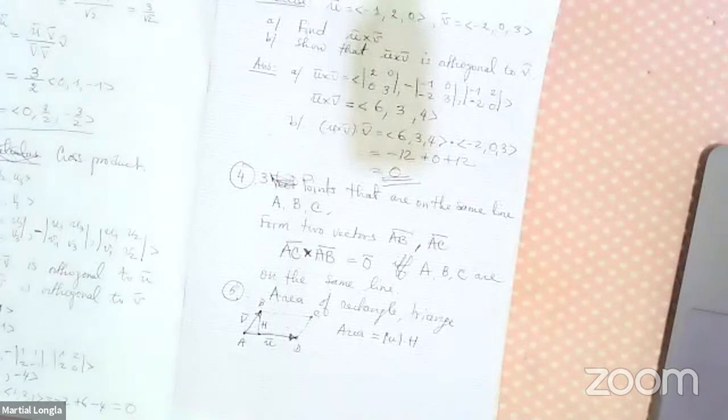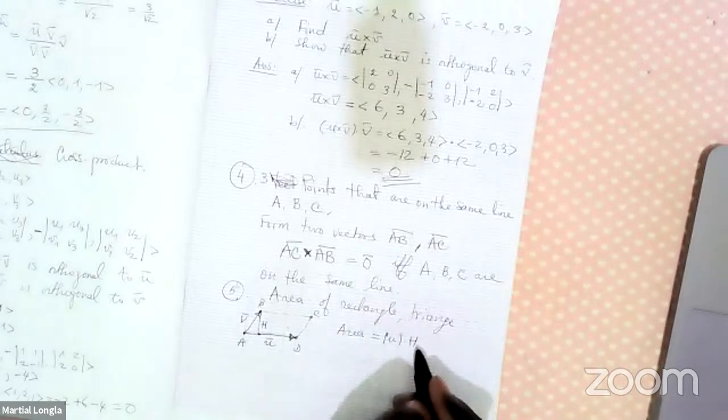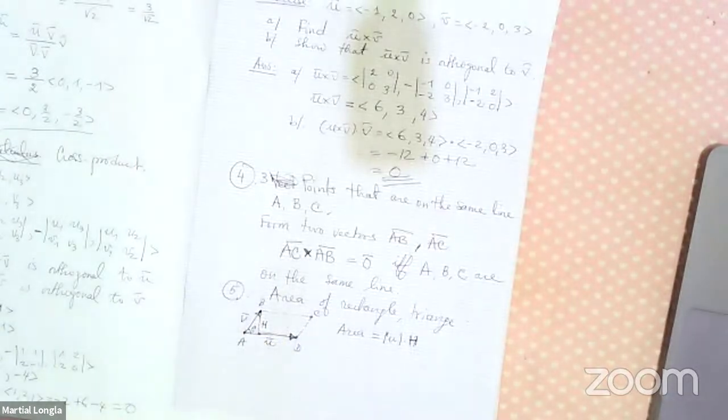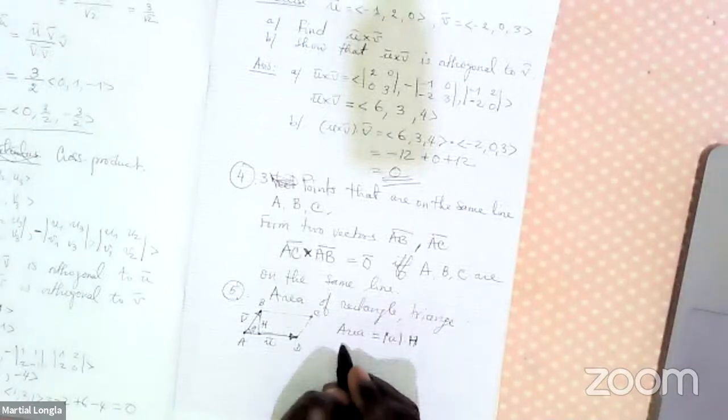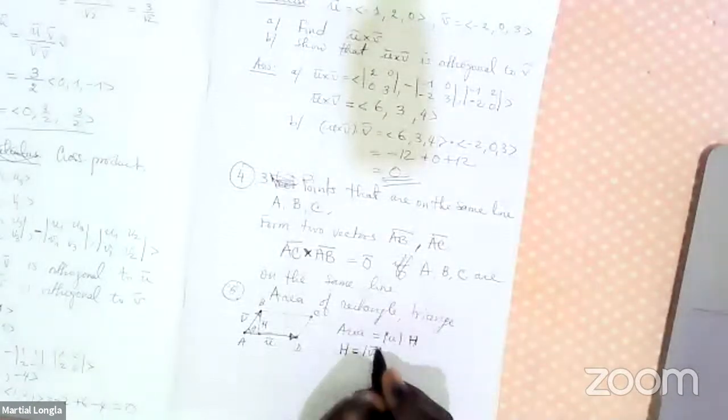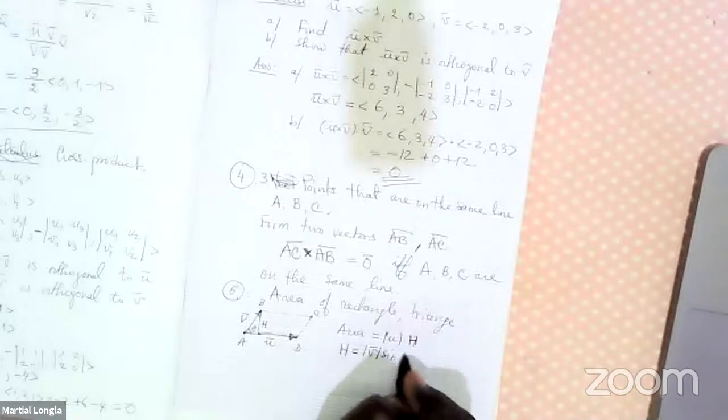That's what it is. Okay. And H, if we have the angle here between U and V, you would say that H equals to magnitude of V times sine theta.